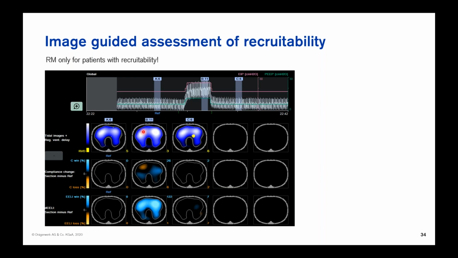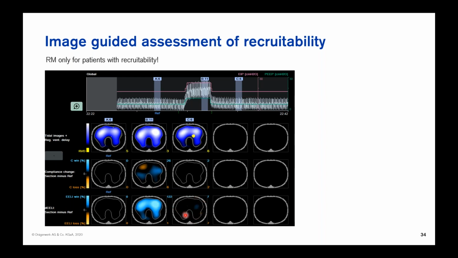In this case, even though we have only seen a moderate elevation of PEEP, you see that you get a significant gain of central or even dorsal ventilation. And if you had increased the PEEP even further, probably this gain would have been greater.